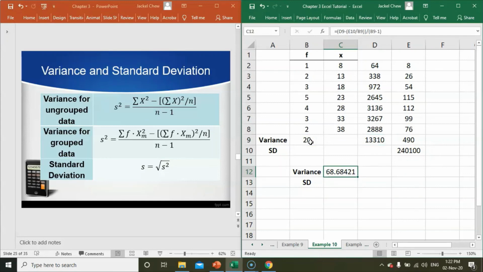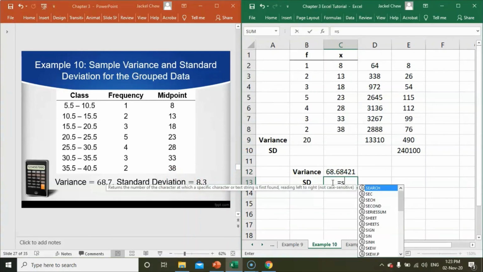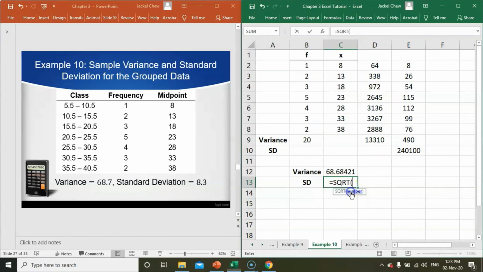Then you get the answer. So let us check. Yes, we get the same variance as the slide. And then to find the standard deviation for this grouped data, basically we just find the square root of this one, then you get the answer.